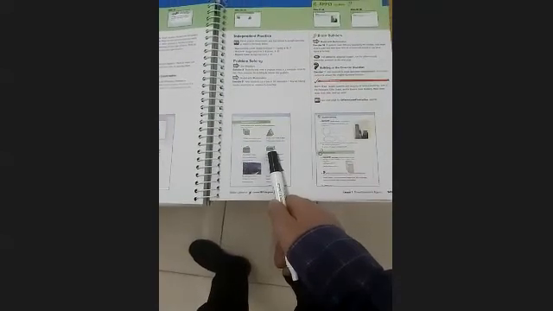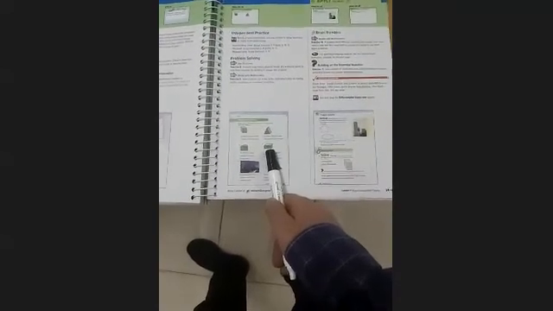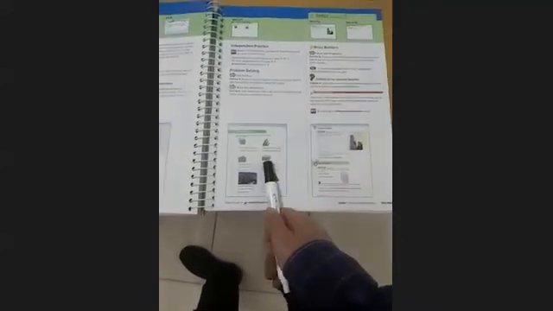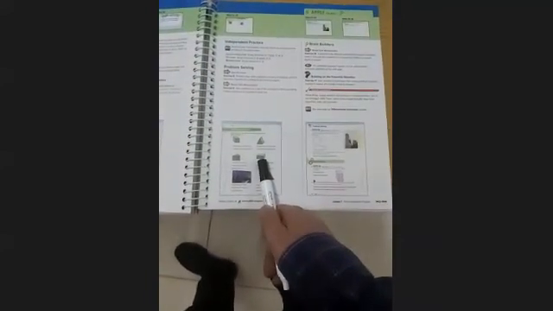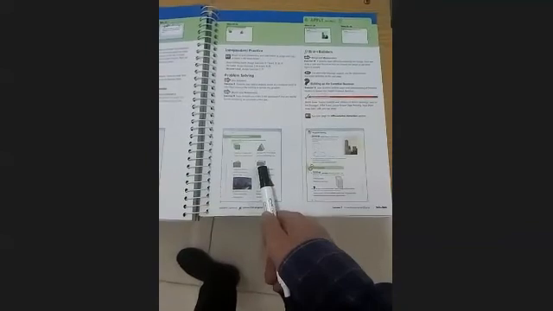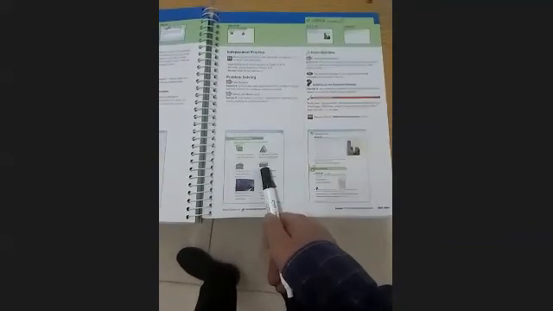Does this have triangles? Does this figure have triangles? I'm asking you, tell me yes or no. No, it has no triangles.